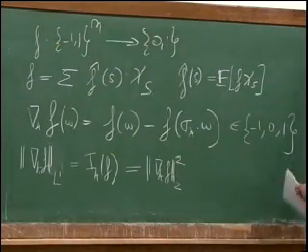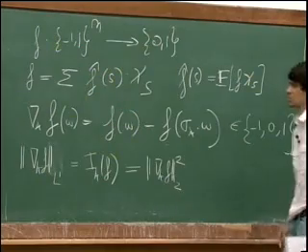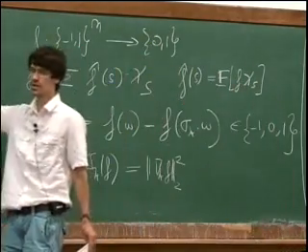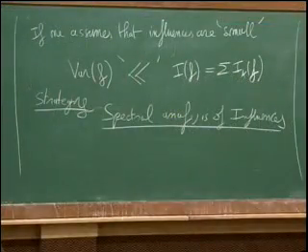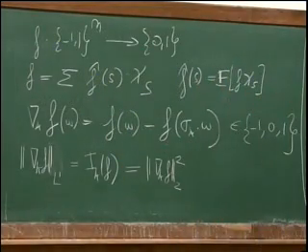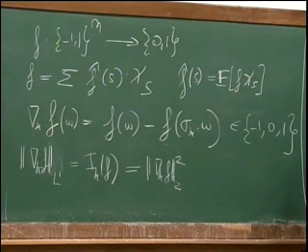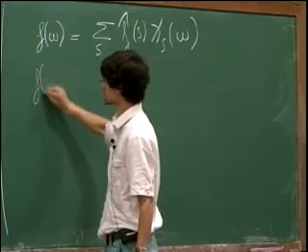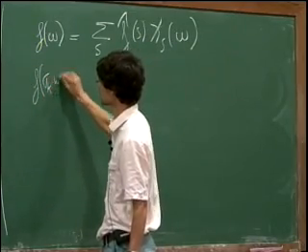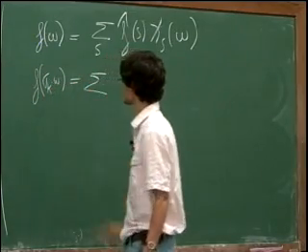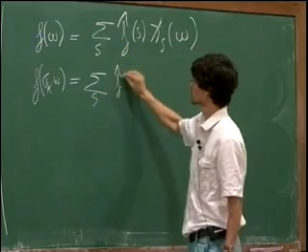Now, how is the notion of influence related to the spectrum of the function f? This works as follows. Write f of omega as the sum over S of this times that. Now flip the k-th variable, and do the same expansion, so you end up with this.